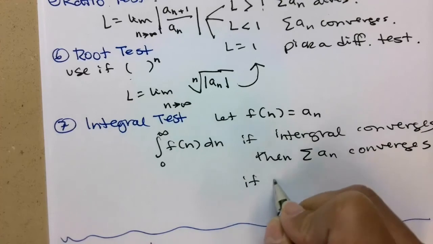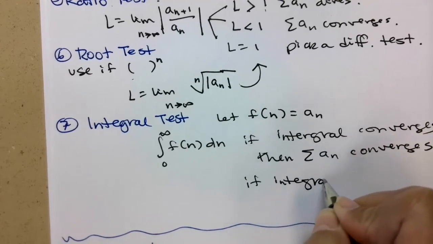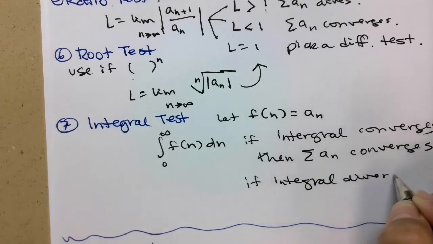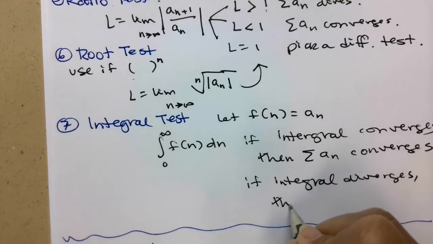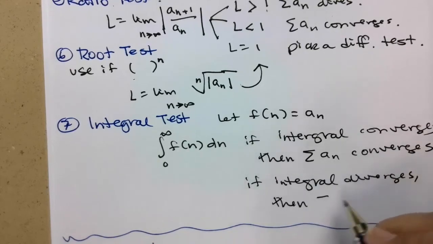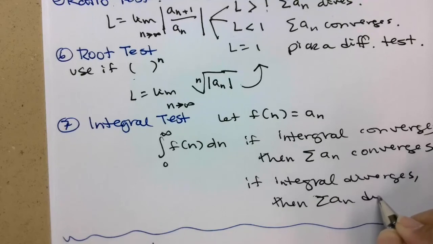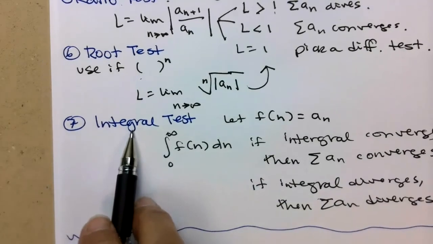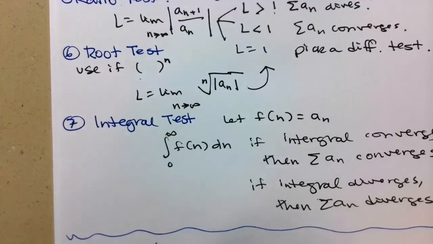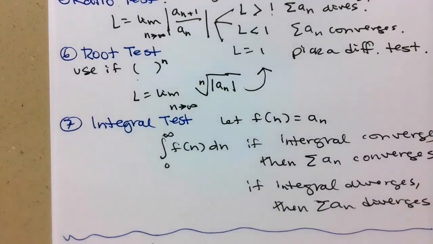And likewise, if the integral diverges, then the series diverges. So the thing about the integral test, you have to be able to find the antiderivative of your function. So if it's, oh, I know the antiderivative of that, I'll go ahead and do the integral test then.